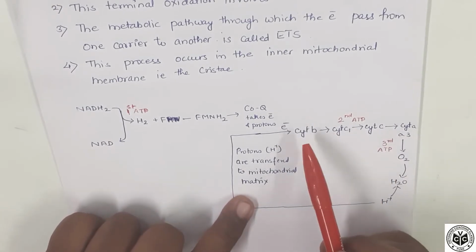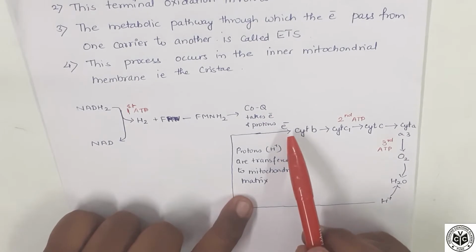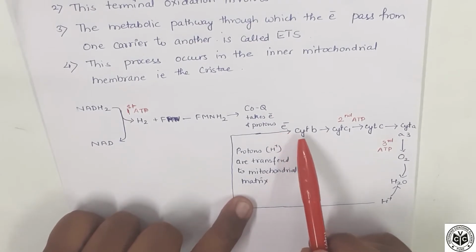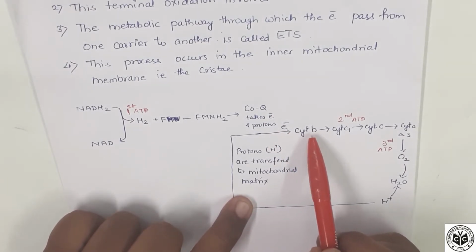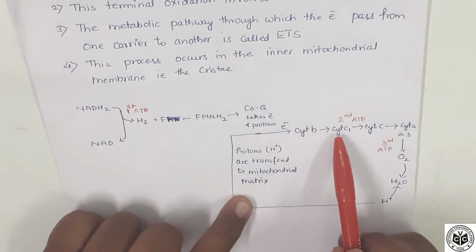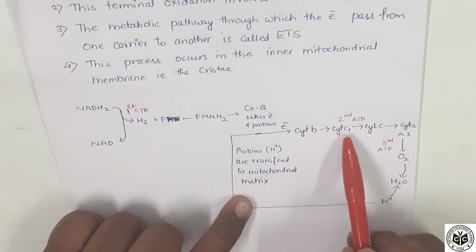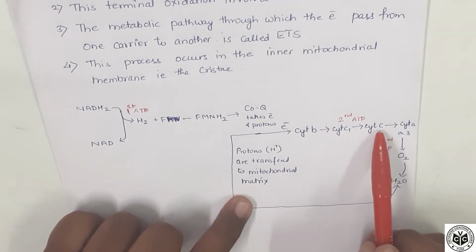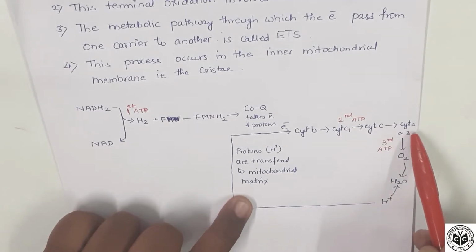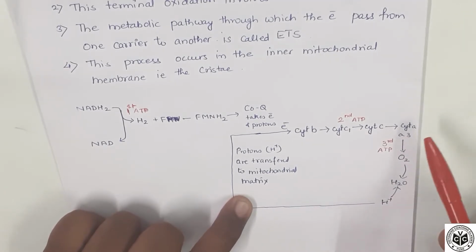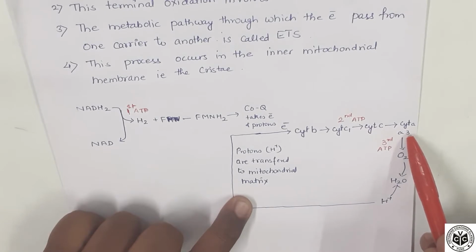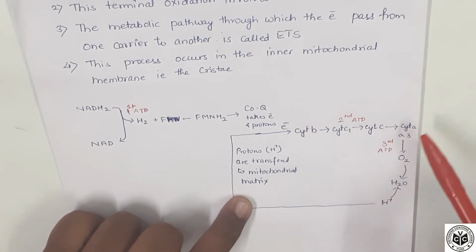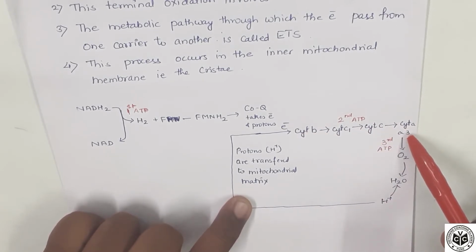So let's see how the electrons are transported. The electrons are first transported to cytochrome B. From cytochrome B, they are transferred to cytochrome C1. From here, they are transferred to cytochrome C, then cytochrome A, A3. And by the time they reach cytochrome A3, the energy of these electrons is lost and they become de-energized.